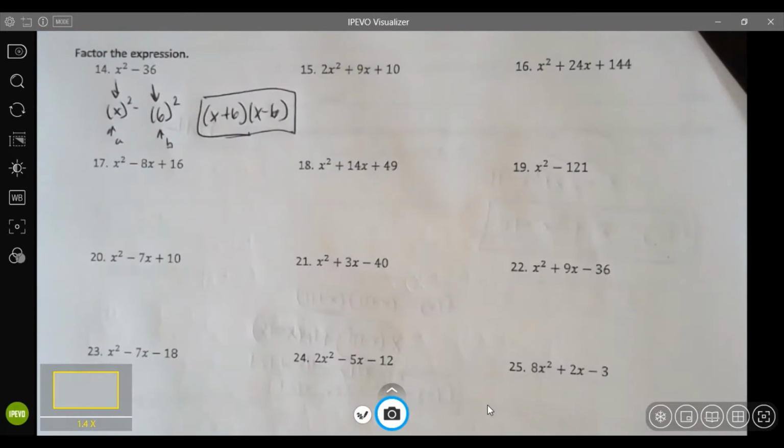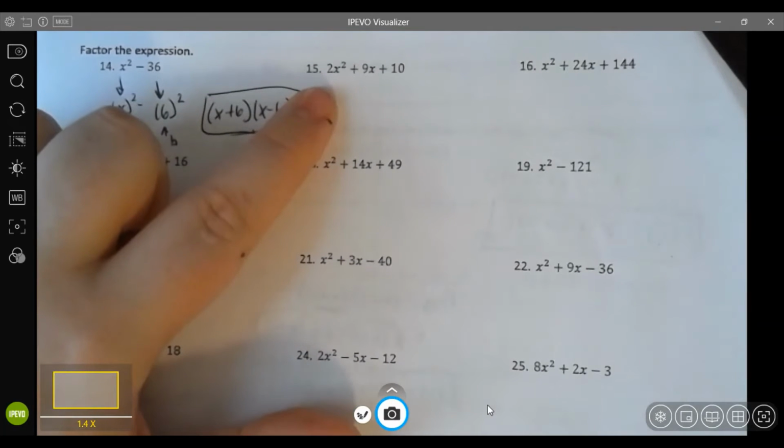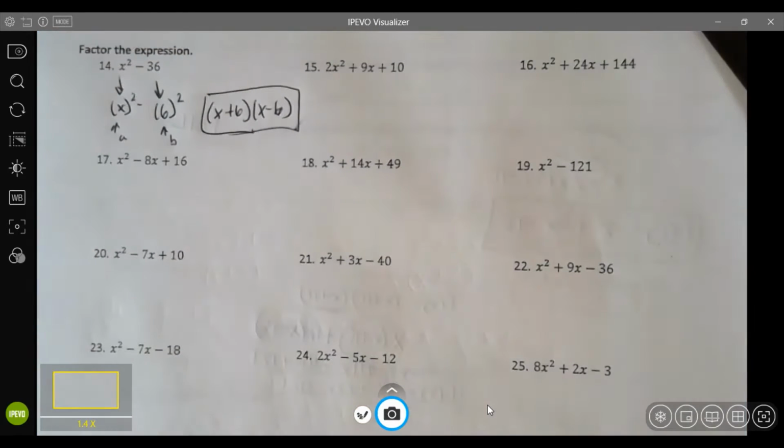Let's go ahead and do 15. That's the one that was method 4. I have three terms. The number in front of x squared is not 1, it's 2. So I've got 2x squared plus 9x plus 10. There's no common factor that I can pull out there, so I'm going to have to use factors of a times c.